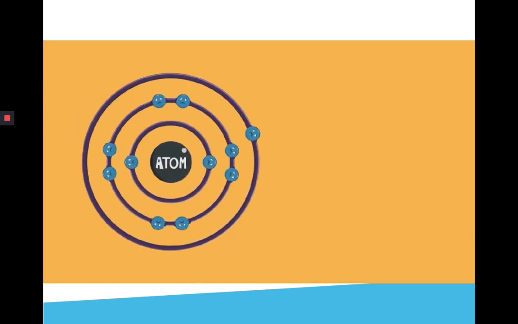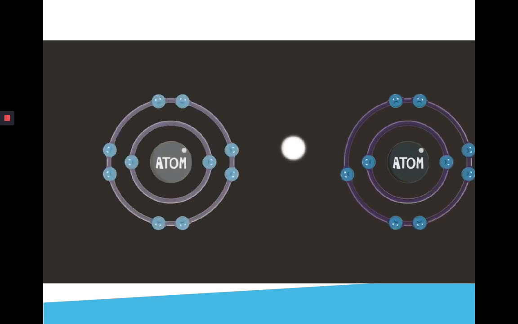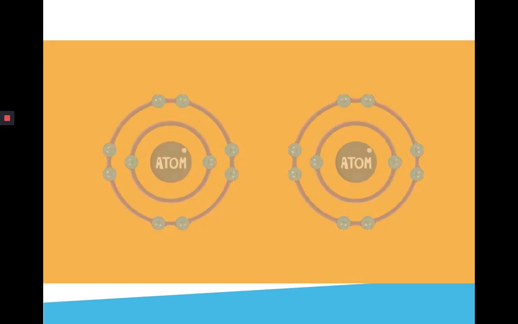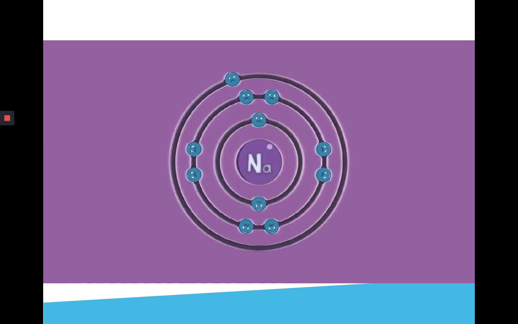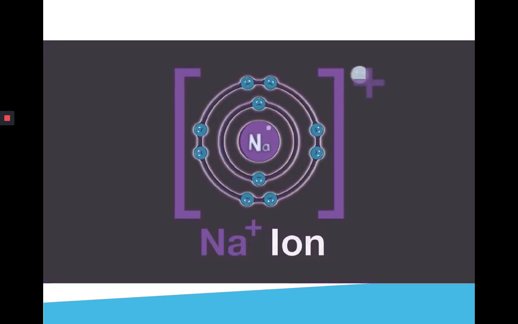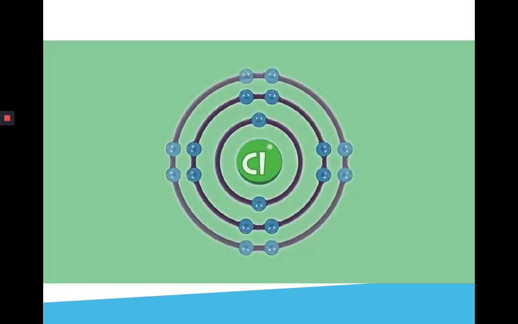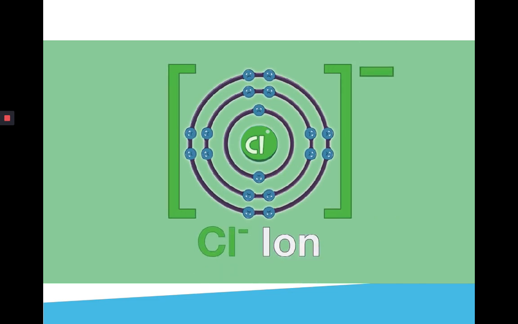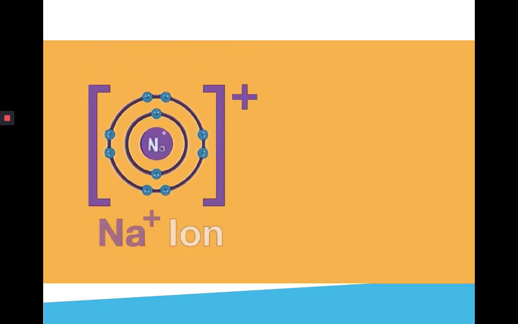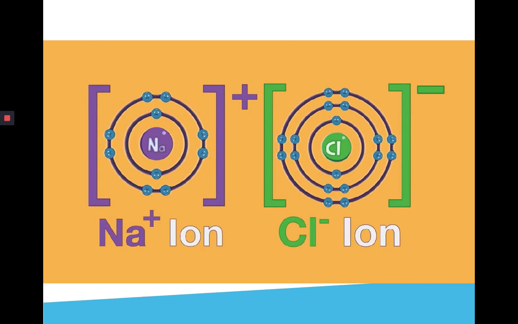They are in fact transferred from one atom to another. Let's look at sodium chloride as an example. Sodium loses one electron to form a sodium ion. The electron is not lost, but transferred to chlorine to form a chloride ion. So we have a sodium ion and a chloride ion.